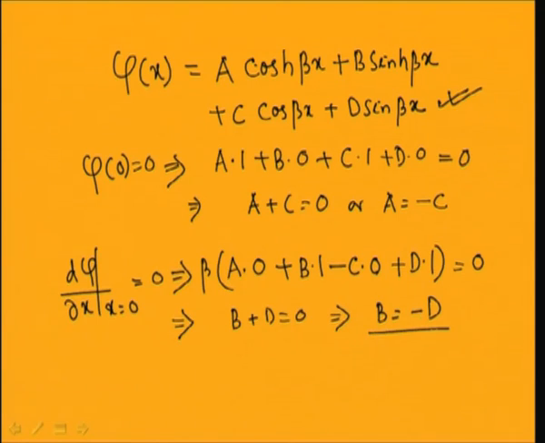So I got two conditions. In the first condition a equal to minus c, and in the second condition b equal to minus d. By substituting these two in the equation for psi x, I can rewrite the expression in this form.